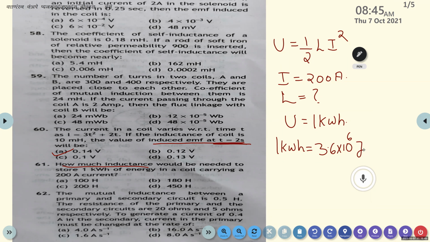Joule is the SI unit of energy, so we need to convert kilowatt hour into joule.